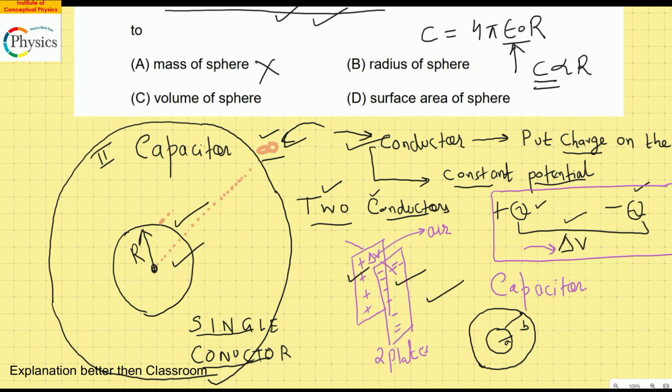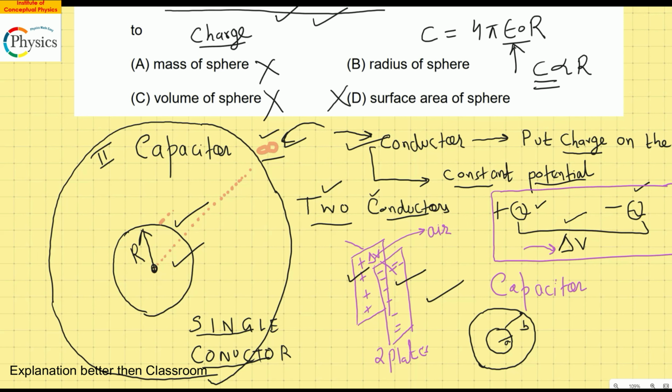There is no mass involvement. It is independent of volume. It is also independent of surface area. In fact, the capacitance of capacitors is also independent of charge. It does not depend on the charge.